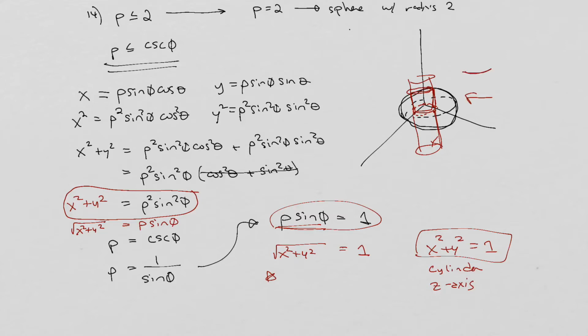So I've got the base of this cylinder, goes like this, and then it's got this hump part from the sphere that looks like that. So it looks like this silo looking thing, if I sketch it out properly. Right. So that's kind of what it looks like for 14.